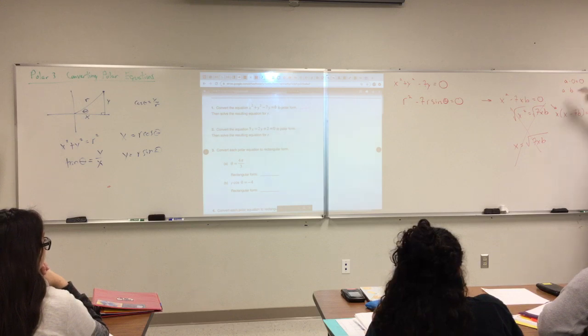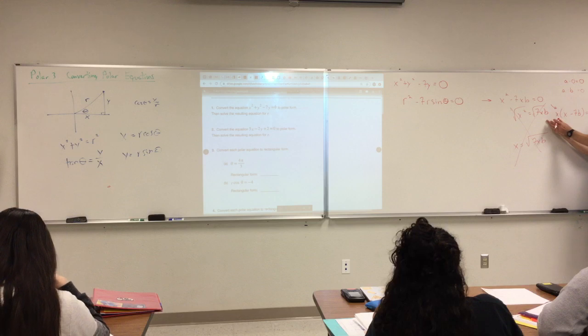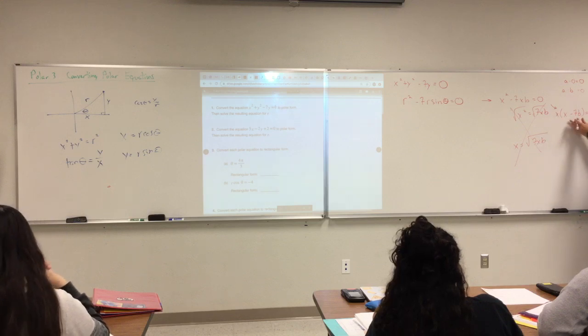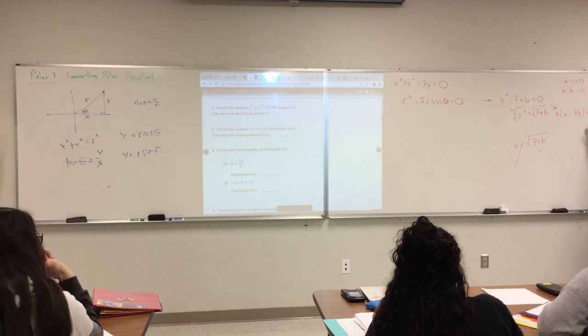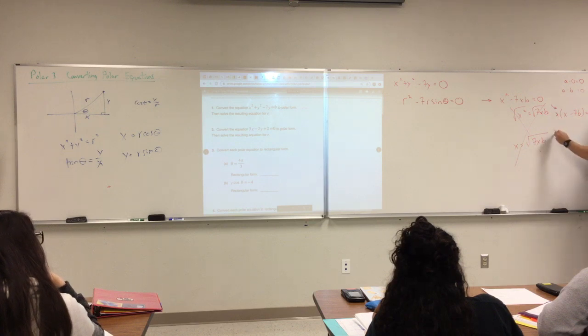Multiply by 0. Yeah, one of those suckers has to be 0. Either this is 0 or this is 0. That's the only way. So when I tell you I have two things, an x and an x minus 7b, that are being multiplied together, and they equal 0, then I can conclude that either this is 0 or that is 0.